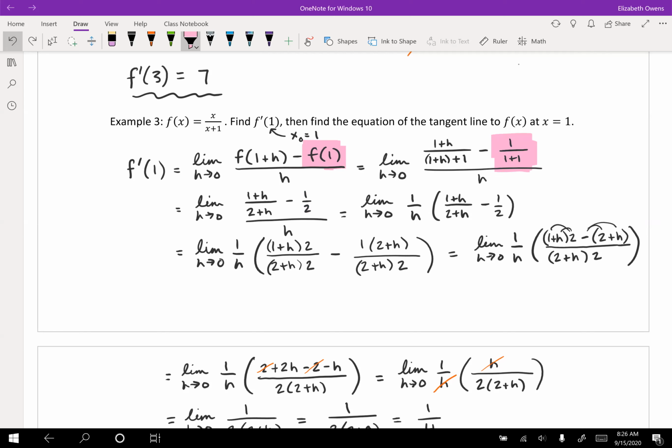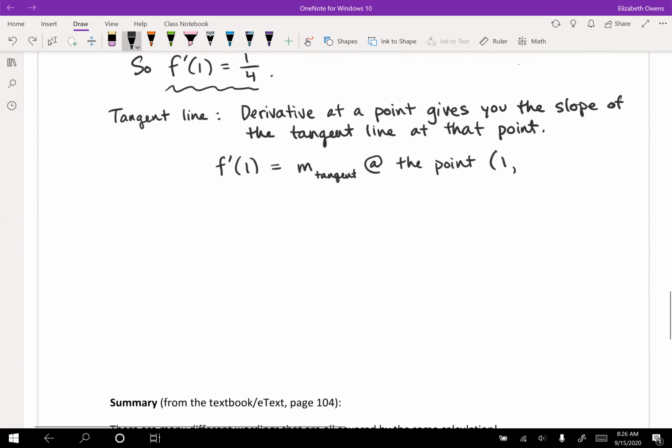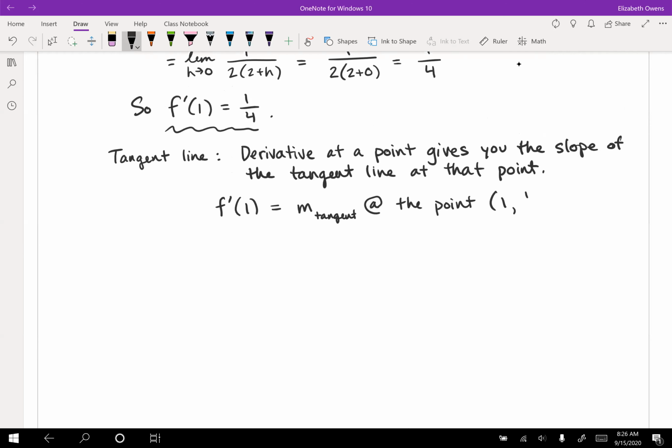So our point is (1, 1/2) for the x and then the y coordinates. Okay, so yeah, our tangent slope is going to equal 1/4 because that is the value of the derivative at that point. So slope equals 1/4.